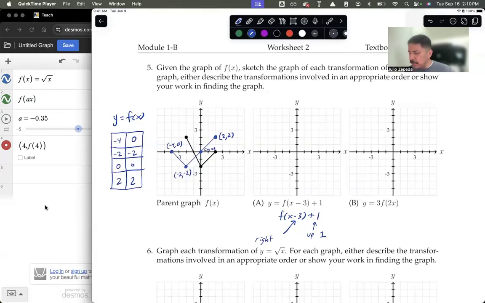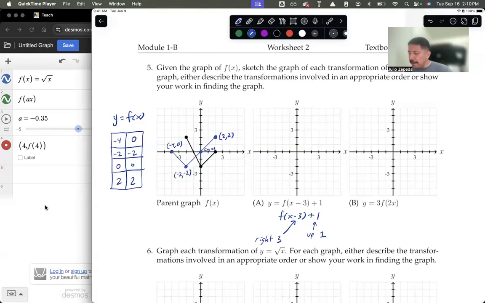It's always kind of counterintuitive, but for a similar reason, I don't want to get too deep into the explanation to make the video too long, so we'll just skip it over, and you can watch the other video if you like. So the minus 3 inside of the function goes to the right 3 units.